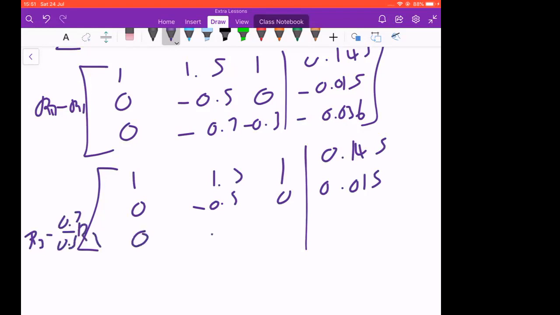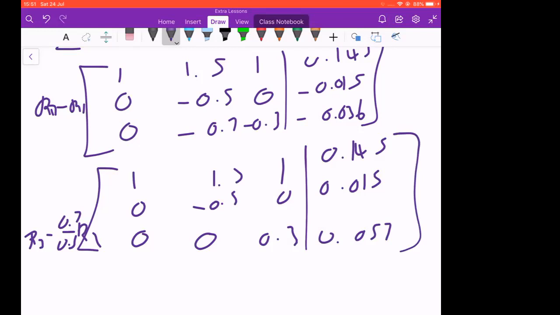Going to have 0, so 0.3, 0.036 minus 0.7 over 0.5 times 0 times negative 0.015, 0.057.